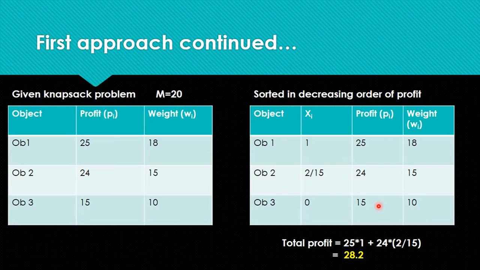The first object we take completely because no overflow is there. When we take the second object, overflow is there, so we will take 2 by 15th part of it. So the total profit will be 25 plus 24 into 2 by 15, which comes to 28.2.